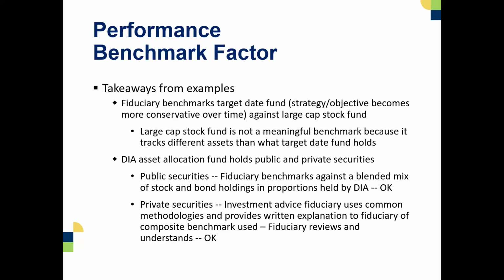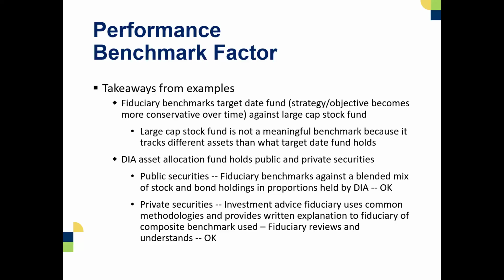There's another example where we've got an asset allocation fund that has both a public securities component and a private securities component. Remember, we're talking about performance benchmarks here. The public securities, pretty easy, right? We can find pricing and stuff like that.